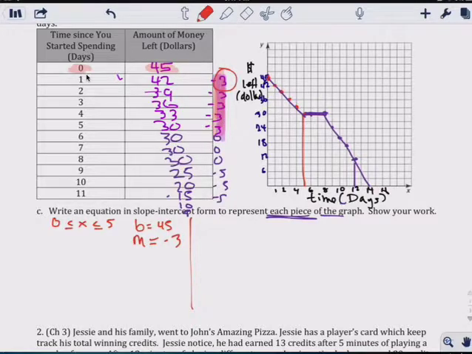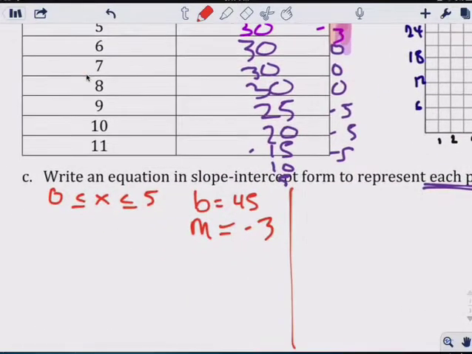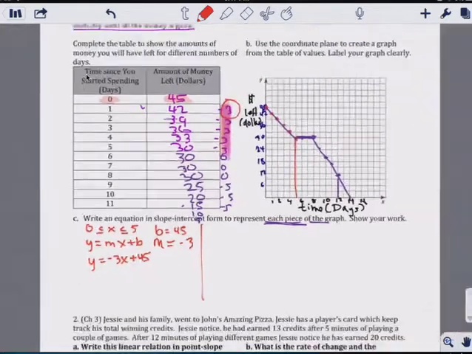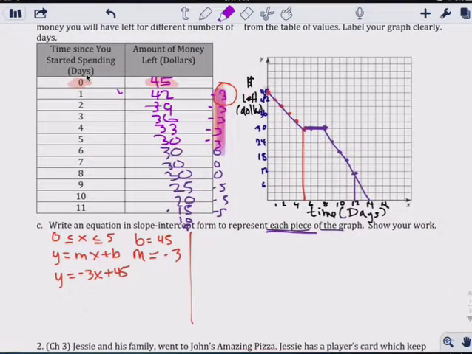So I can just substitute this in, y equals mx plus b, and y equals -3x plus 45. Because I can identify all that in this line. Once I can identify b, I don't have to use point slope. I can just substitute it in, and that's one way to do it.